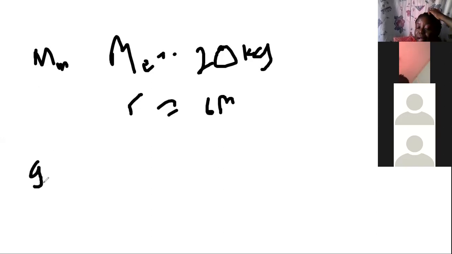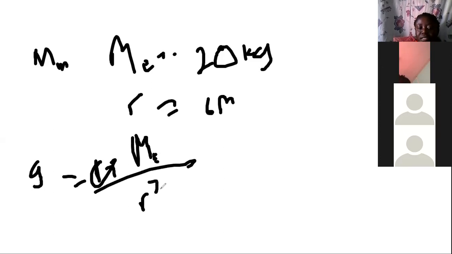And we know the radius between the moon and the earth is, say, 6 meter. Find the gravitational acceleration between the moon and the earth. Using that, I know my G, I know the mass of the earth, and I know my radius squared.